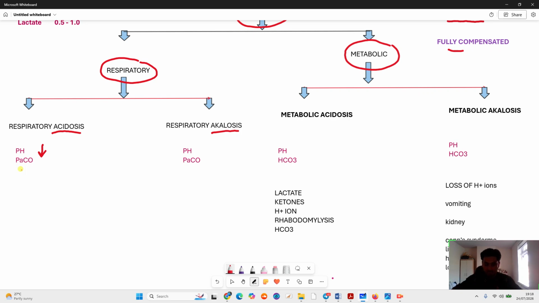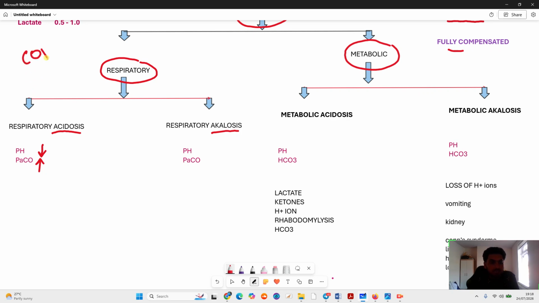But if the carbon dioxide level is going down, the pH level is going toward the alkalosis side. Here respiratory acidosis happens, so the carbon dioxide level will be raised. So pH is down, carbon dioxide is raised.